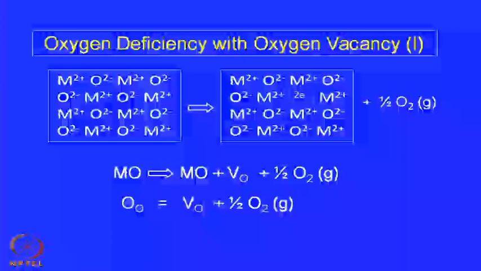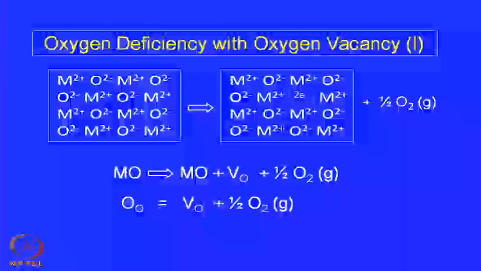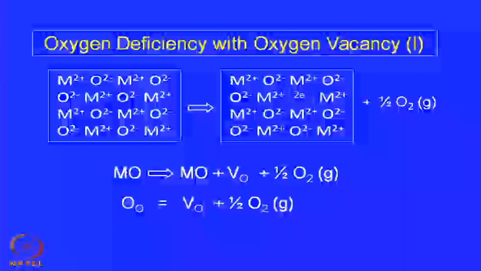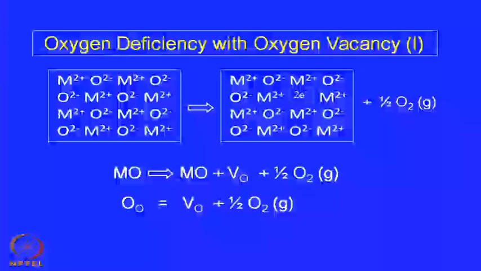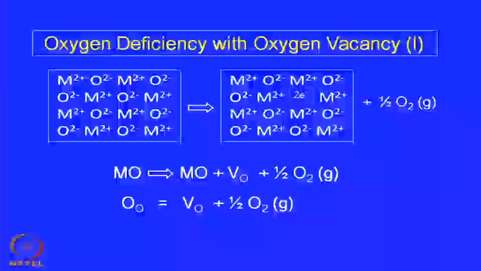So, we have two types of deviations, one is oxygen deficient or oxygen excess, and oxygen deficiency is equivalent to metal excess, both are basically the same, because we are only talking of the ratios. So, oxygen deficient or oxygen excess, or in other words metal deficient or metal excess.